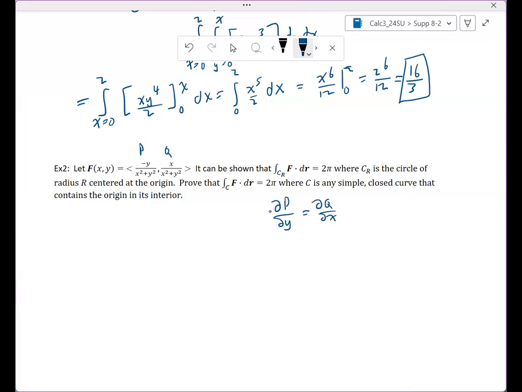So that makes us say, oh yeah, this is a conservative vector field, but the integral over a circle of radius r centered at the origin actually gives us 2 pi.